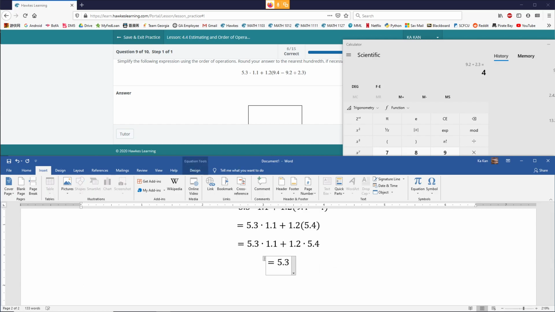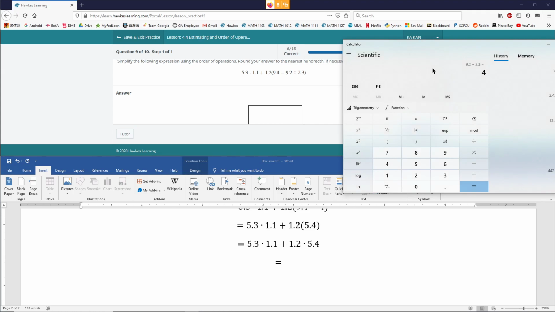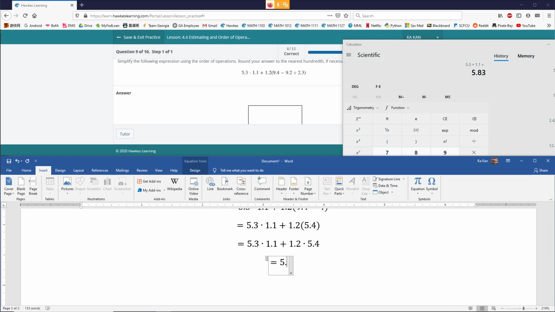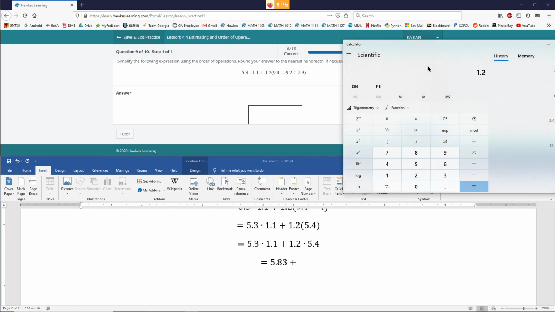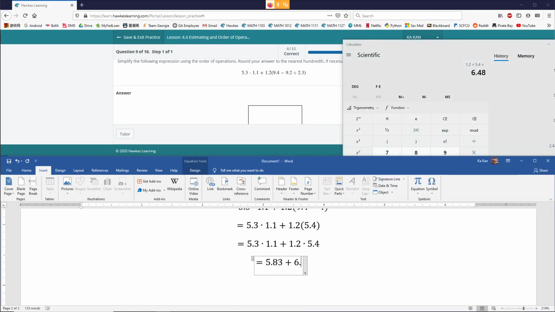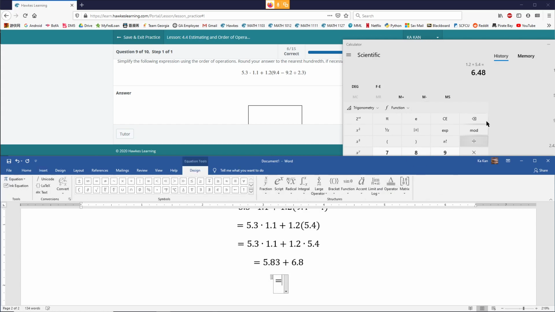You should have 5.3 times 1.1, right, which is 5.83 plus, and then 1.2 times 5.4, and I get 6.48, like that. And then it's easy, right? All you gotta do is put in the calculator, right?